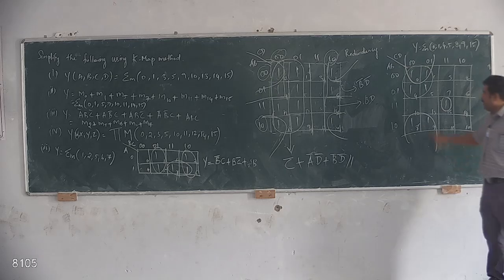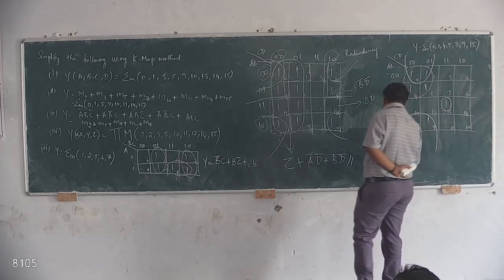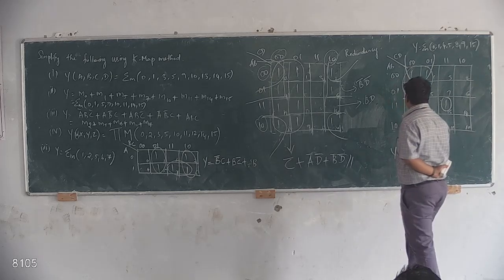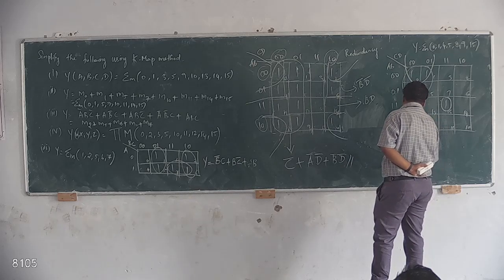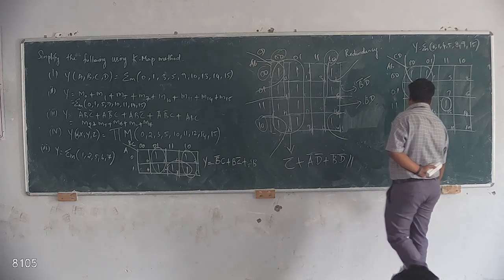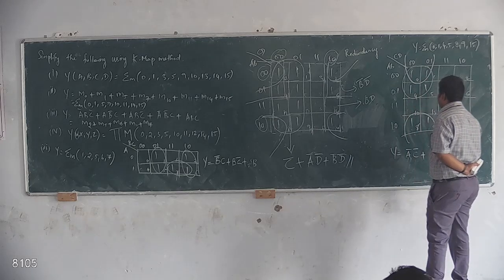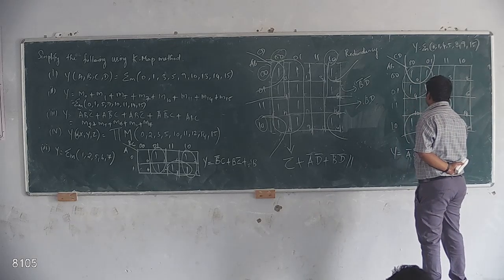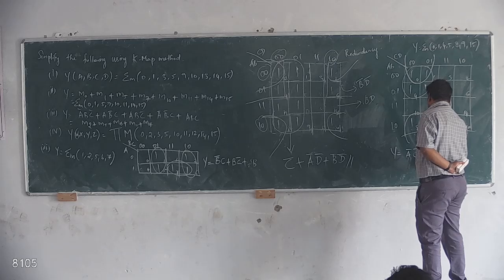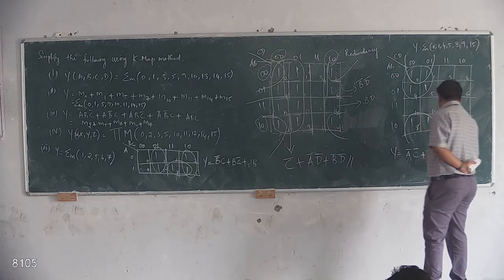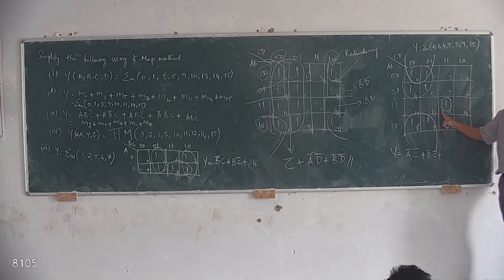So what is the answer we are getting? Y is equal to A bar C bar, then B bar. So what is the answer for this?